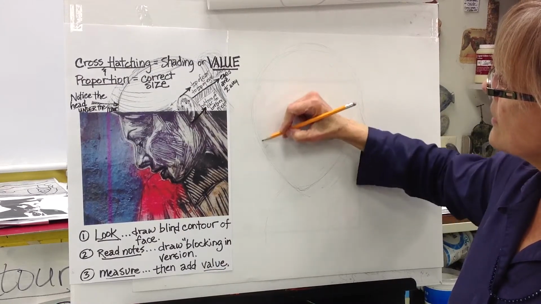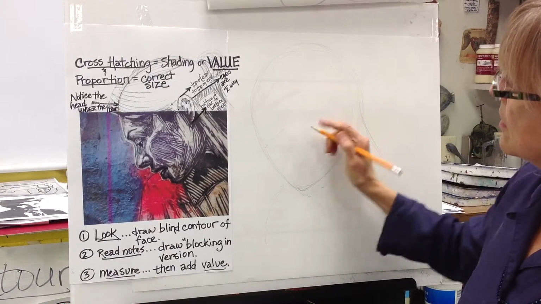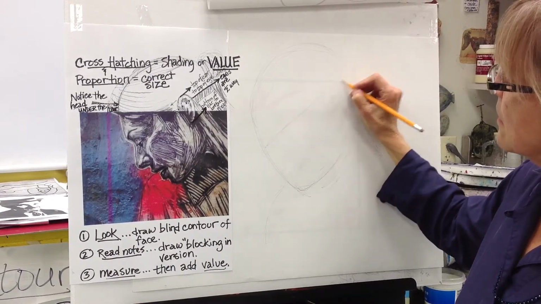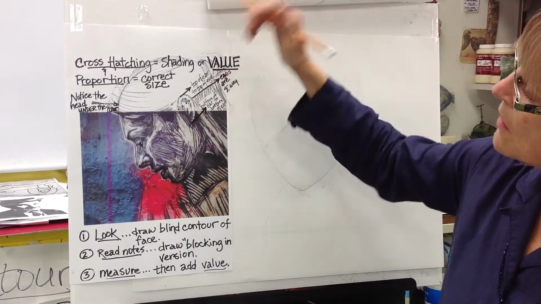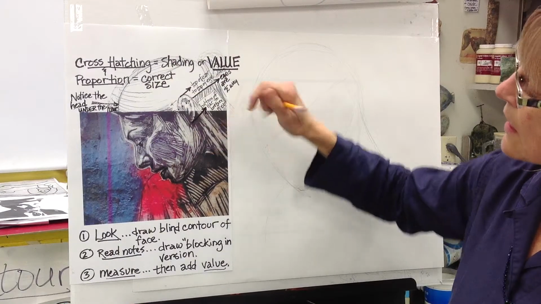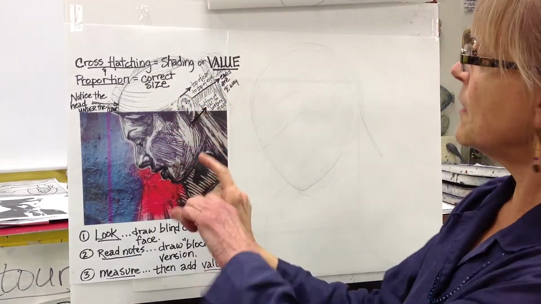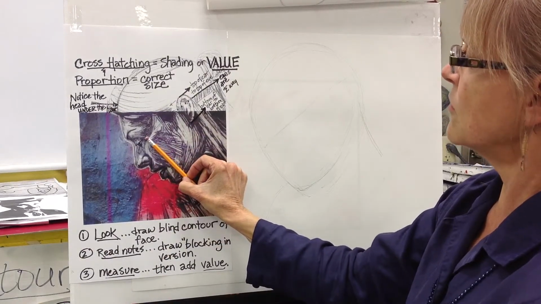So if I mark about where I think is halfway, that means the chin will be here. And I can adjust that if I want to, but I'm just kind of guessing. And then I'm going to move that all the way back so that I can line up other things in just a minute. So the next thing I can check is eye to chin. Actually, let's use our pencil. I tend to use my fingers.